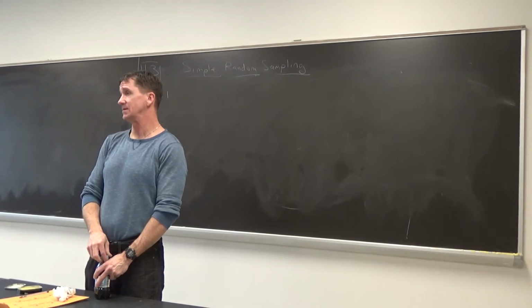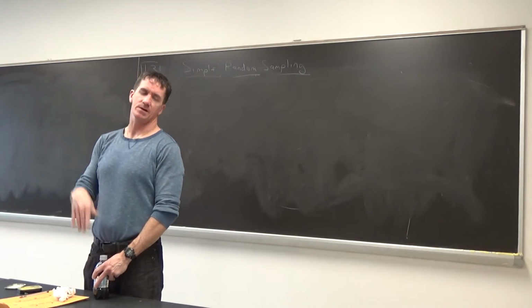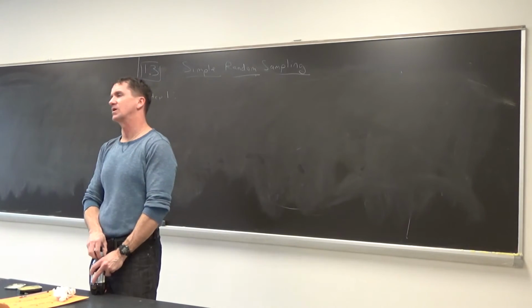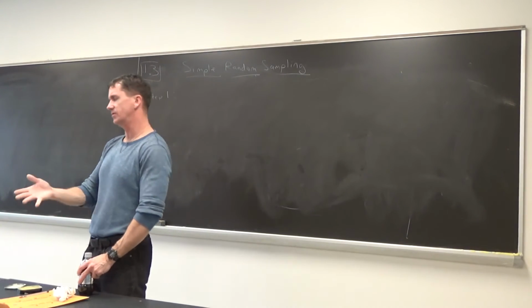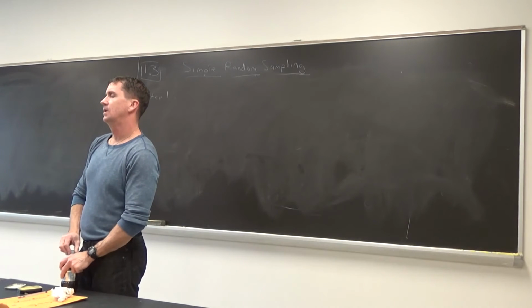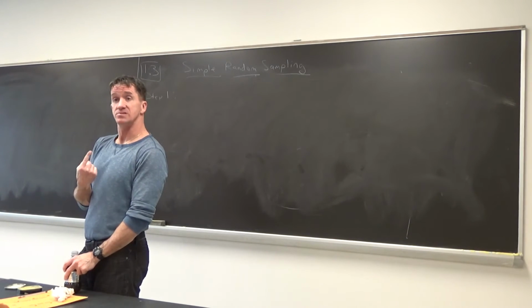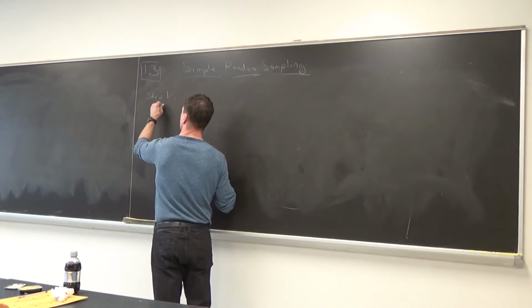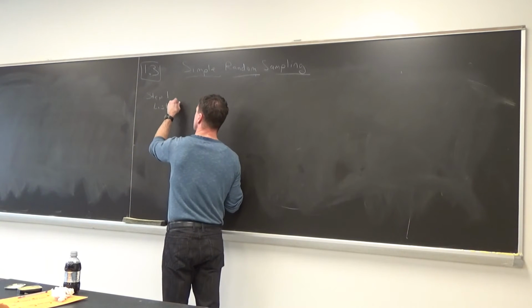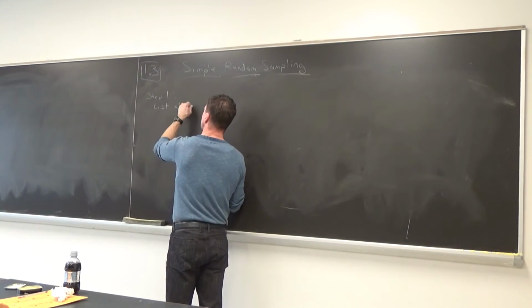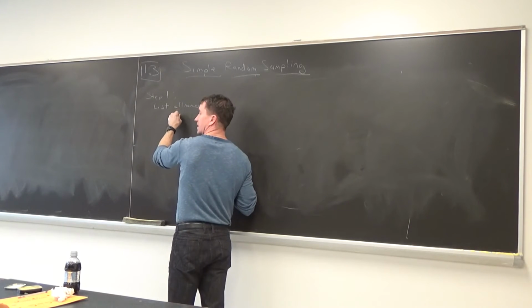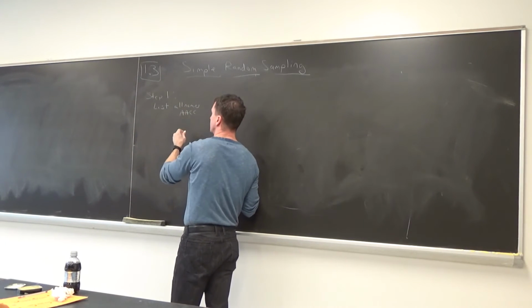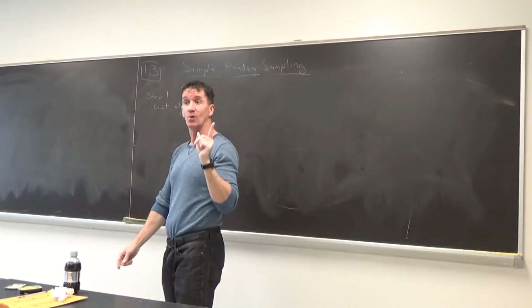So if I'm going to do simple random sampling, and I'm going to go out and ask some people this question, what do you think? Yes or no? Agree, disagree with that policy? Well, step one is, if I'm doing simple random sampling, I need a list of all names of all students who attend what? AACC. Every name.